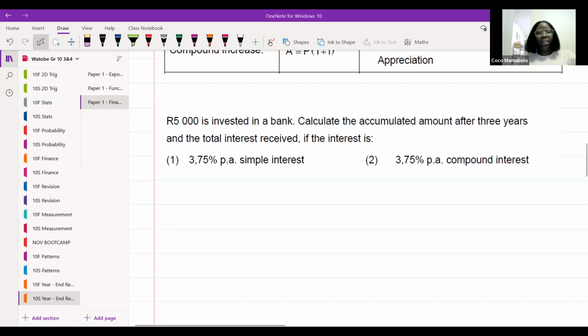All right. So it says here, 5,000 Rand is invested in a bank. Calculate the accumulated amount. They even tell you what amount to calculate for. The accumulated amount after 3 years, if the total interest received is 3.75% per annum. Simple interest. So over here, we're going to start A is equal to 5,000, open brackets 1 plus 3.75%, or if you wrote 0.0375, it's all good.